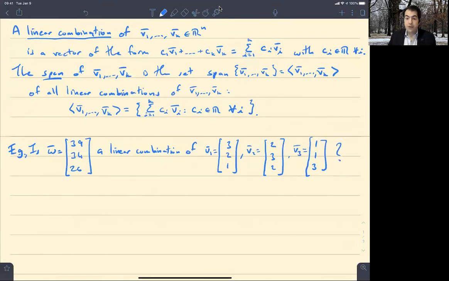Okay. So we can ask ourselves this question: is this given vector a linear combination of these three? Is this vector inside the span of these three vectors?